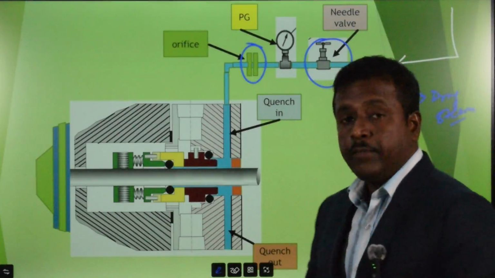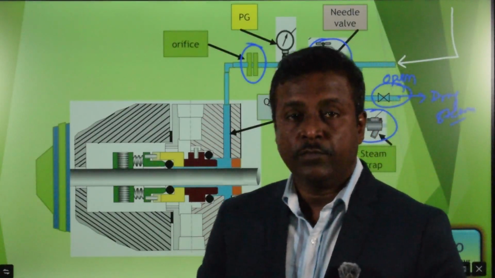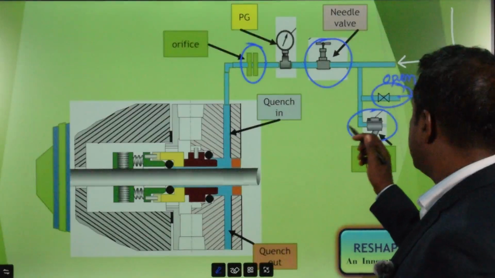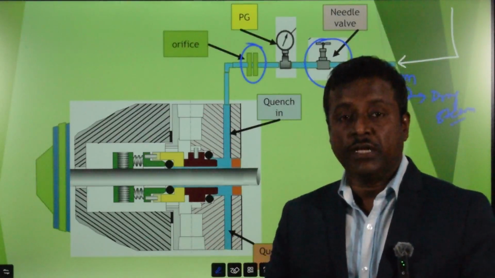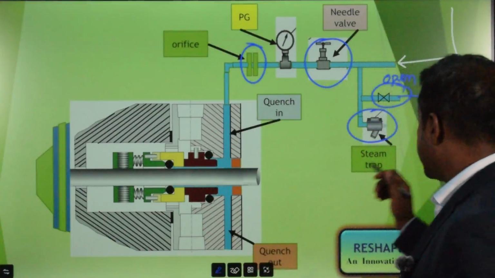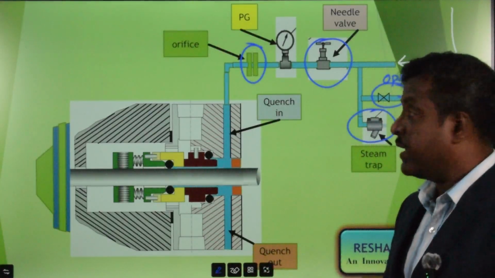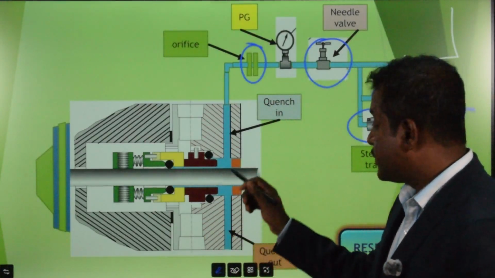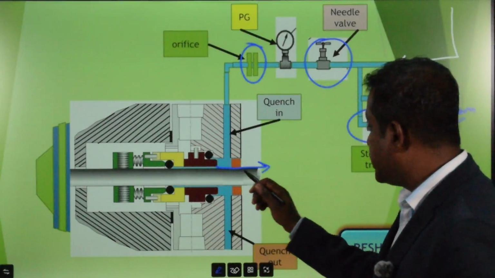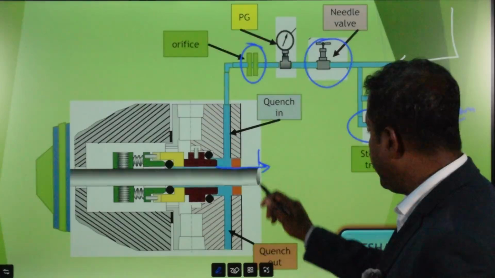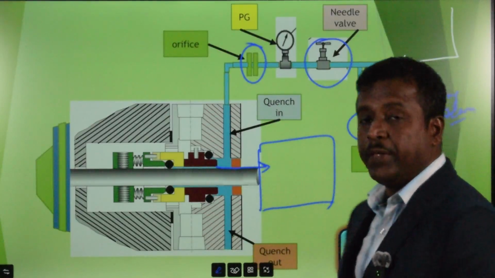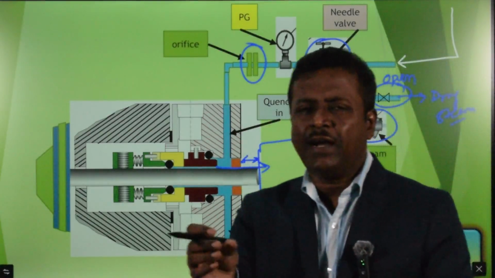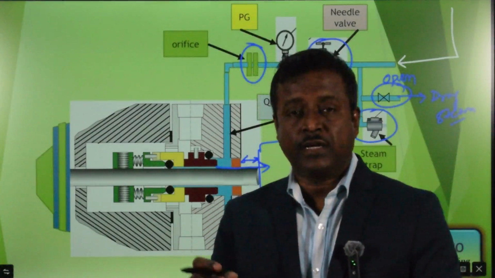The main vital point for steam quenching API 62 plan is you should provide dry steam to the mechanical seal. For that, a steam trap is provided, and the pressure matters too. If the pressure is more, flow is more, then what will happen? That steam may cross this throttle bush and ultimately enter the bearing housing, because in between bearing housing and gland plate hardly 20 to 25 millimeter gaps are there.